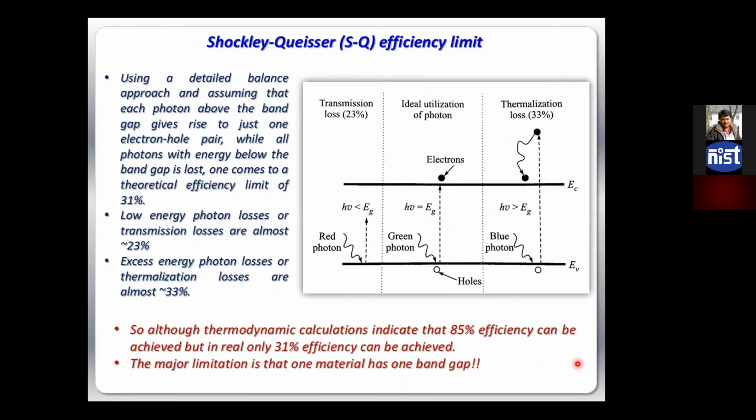The primary fact is that from 85% efficiency, we are dragged down to 31% efficiency because of these two factors. And that is mainly due to the fact that we have only one band gap, right?